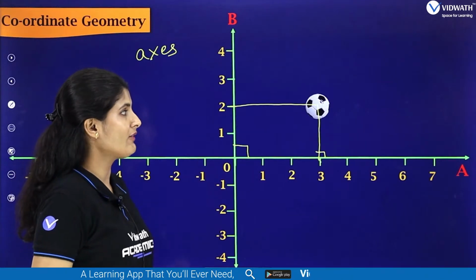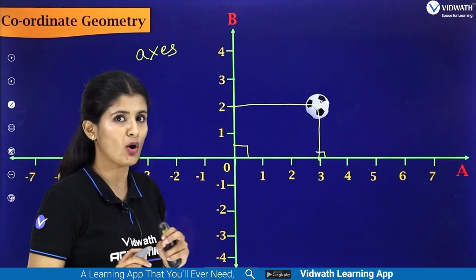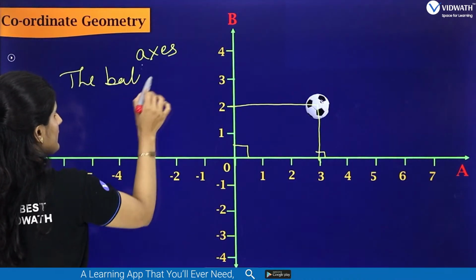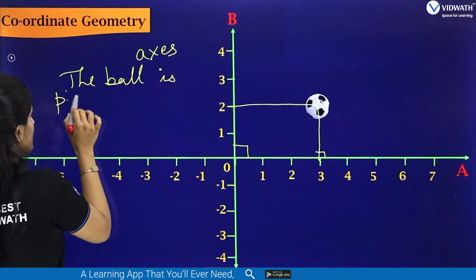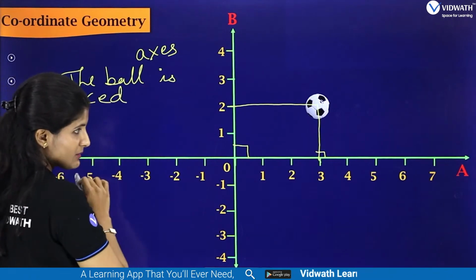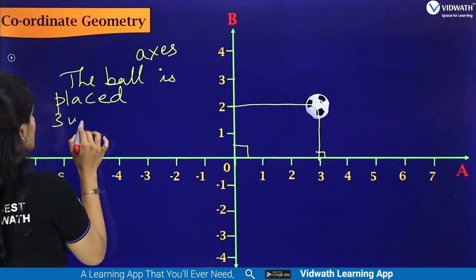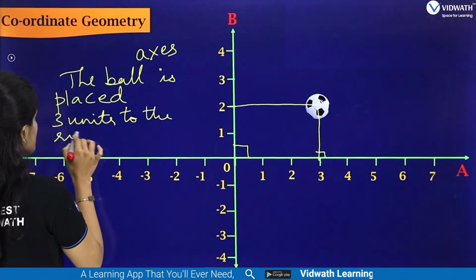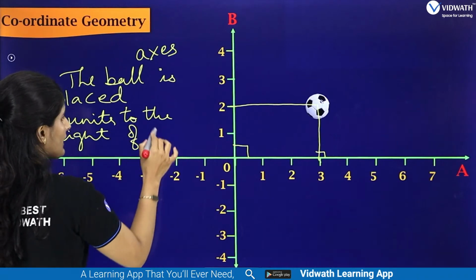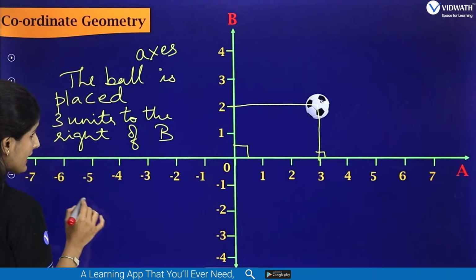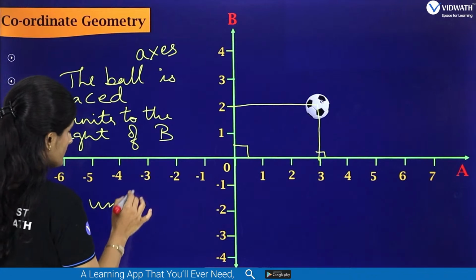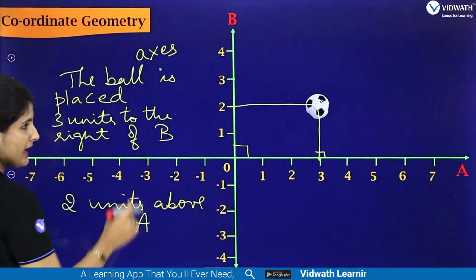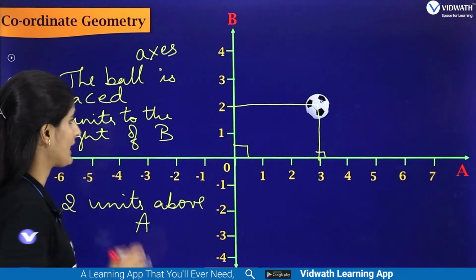Hence, I can give the exact location of this ball as the ball is placed. Where is it placed? It is placed 3 units to the right of B and it is placed 2 units above A, where B and A represent the number lines.